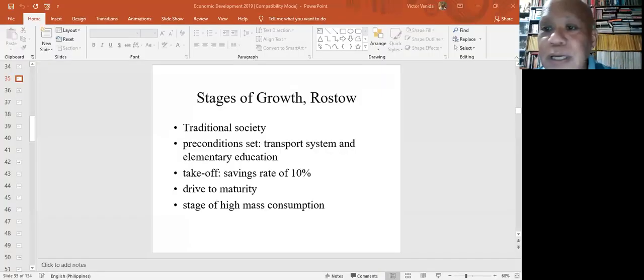And this theory is your stages of growth theories.